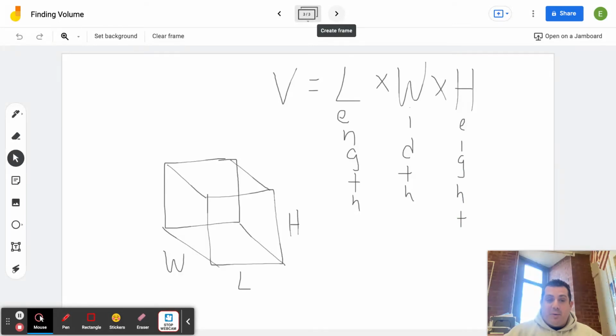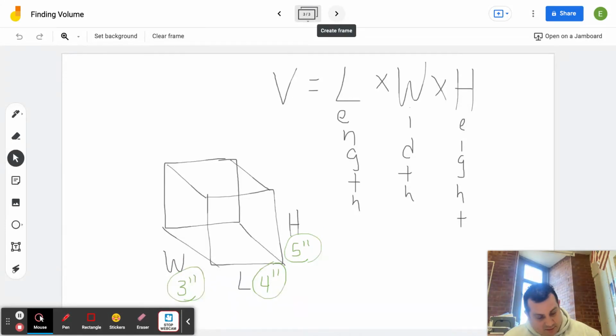So now I'm going to label the dimensions of my cube here. Let's say we have the length, which is going to be 4 inches. I'll circle that. Our width is going to be 3 inches, and the height, I'll put right here, will be 5 inches.